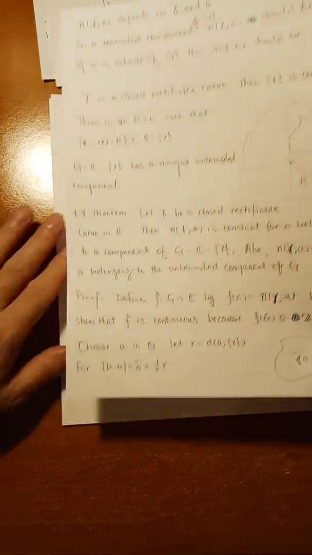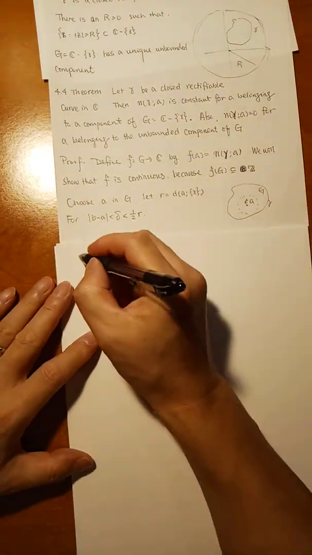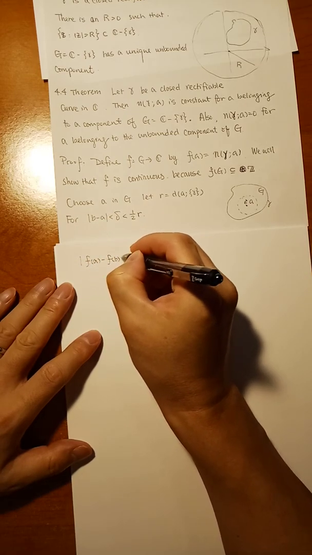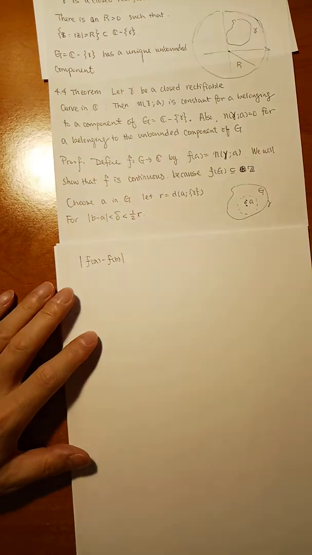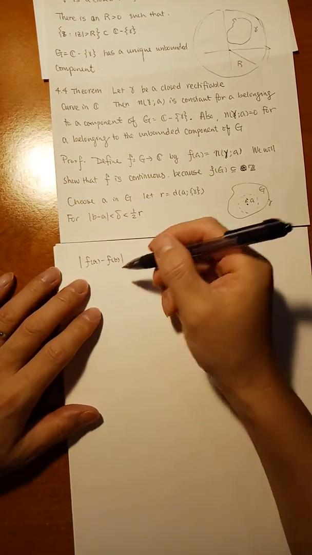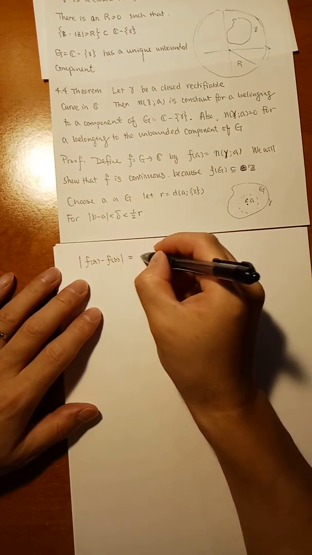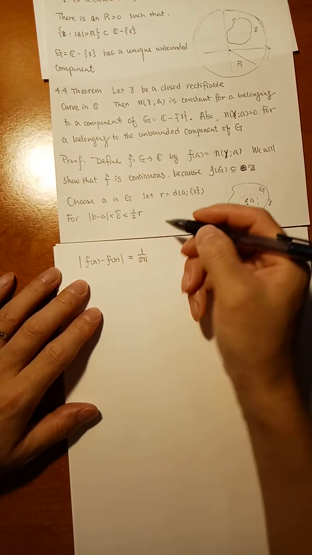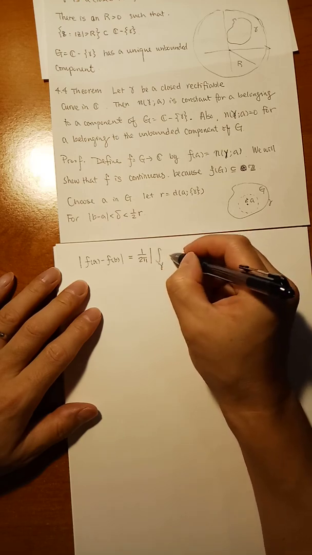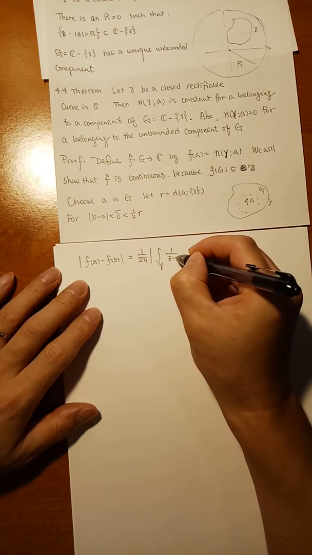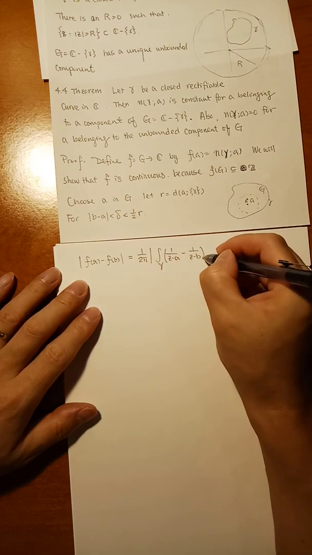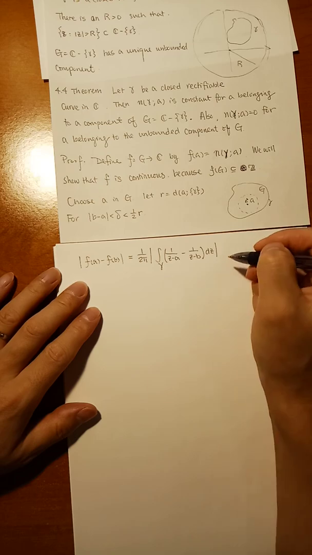Okay. Now let's see the difference. We're talking about the continuity, f(B) minus f(A). A and B are close enough. We want to see if f(A) minus f(B) is small enough or not. So it's 1 over 2 pi i, remember, the integral along gamma of 1 over (z minus A) minus 1 over (z minus B) dz.